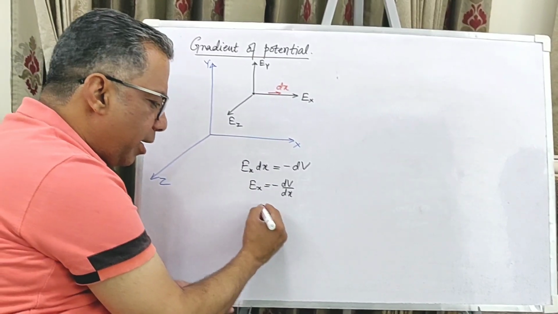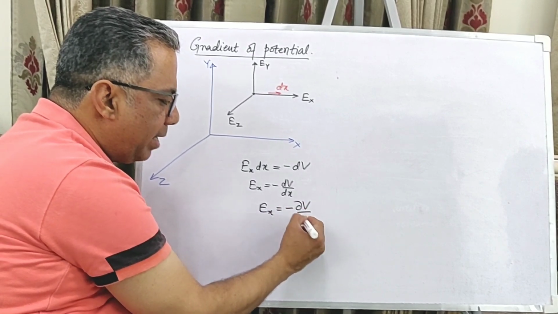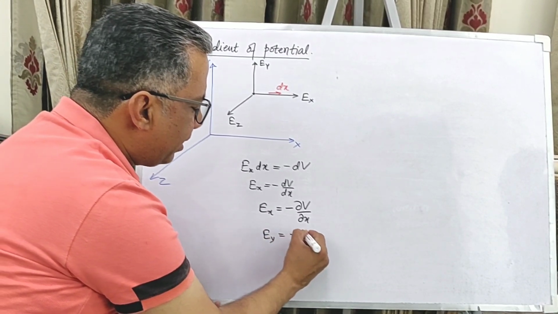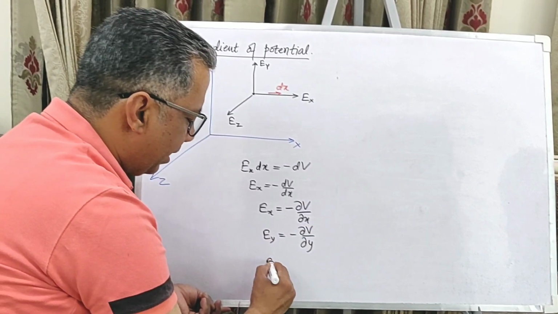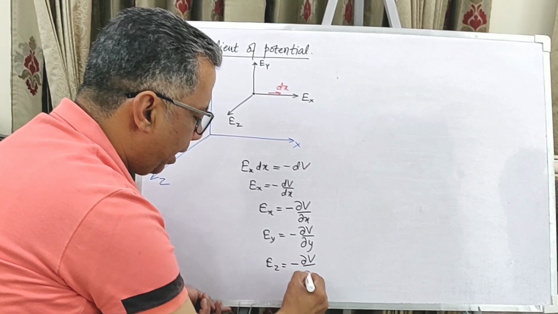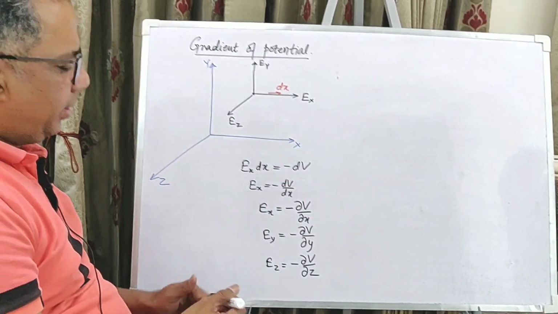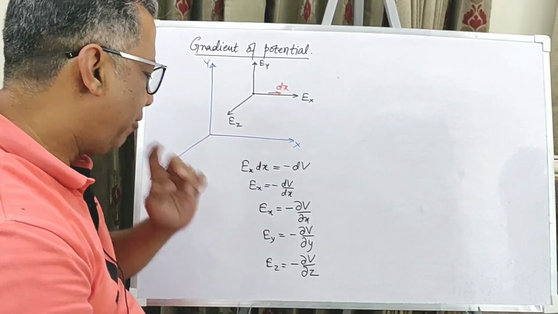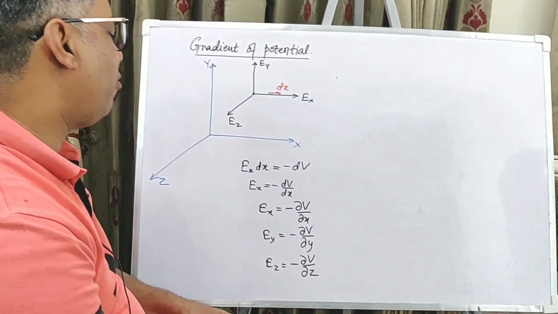More accurately described, this Ex would actually be minus del V by del X, and similarly Ey would be equal to minus del V by del Y, and Ez would be minus del V by del Z. So this is the relation between field and potential expressed in a differential form. We've already seen the integral form of the relation. We are now looking at a differential form of the relation.